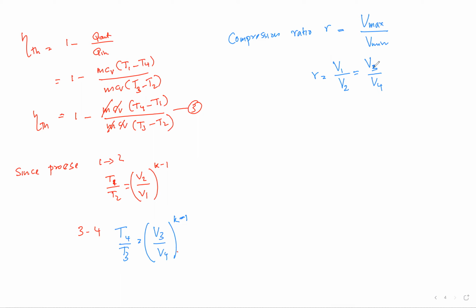Here, V1 is equal to V4 from the constant volume process 4 to 1, and V2 equals V3.